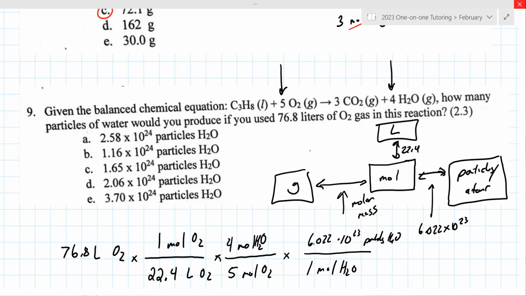Then you take this number and divide by this number. So you get 1.65 times 10 to the 24th, which is C. Did you get C? Yeah, you got C. Good.